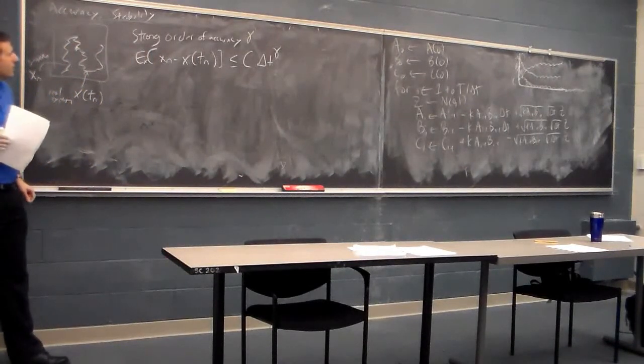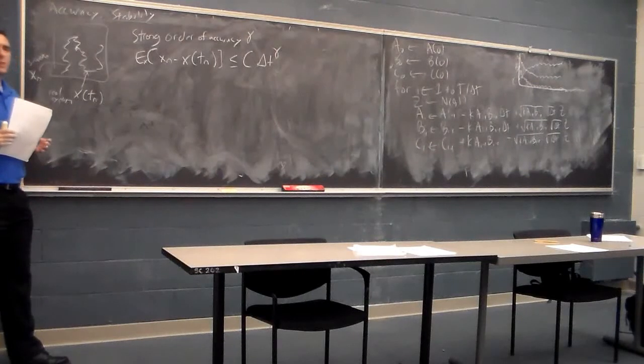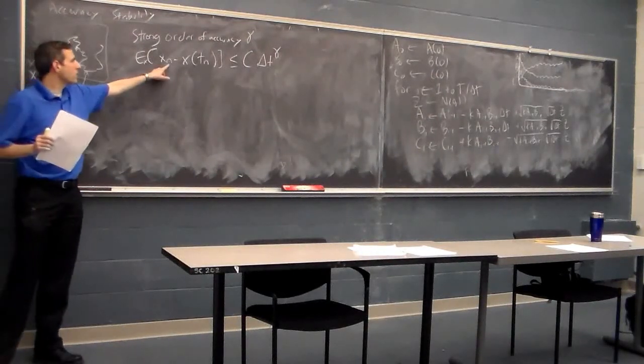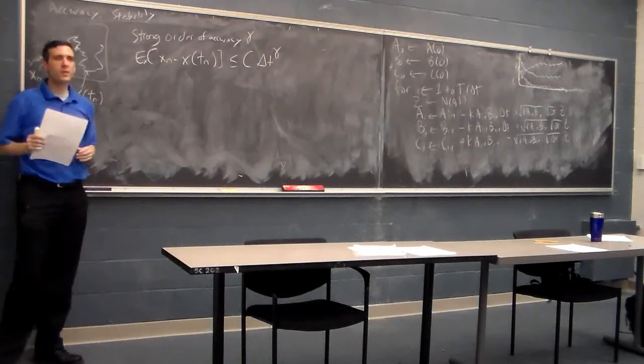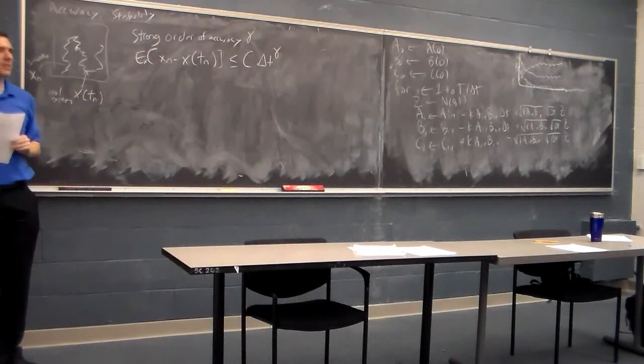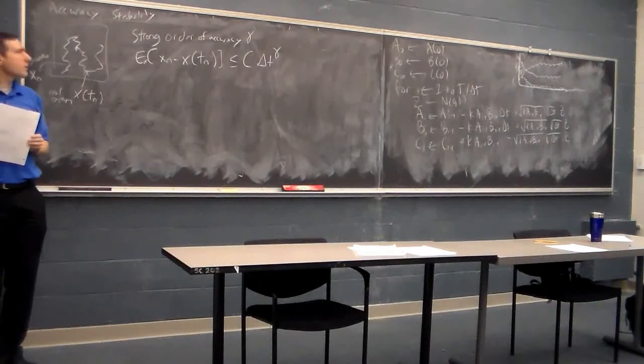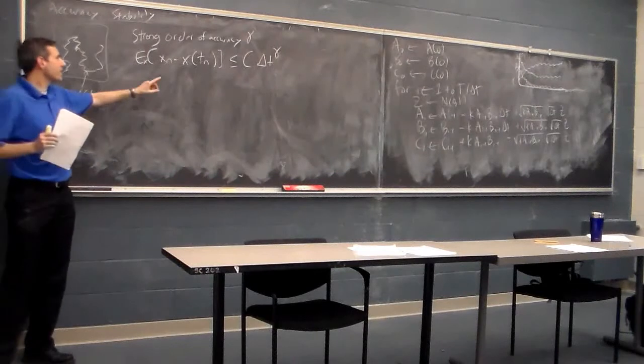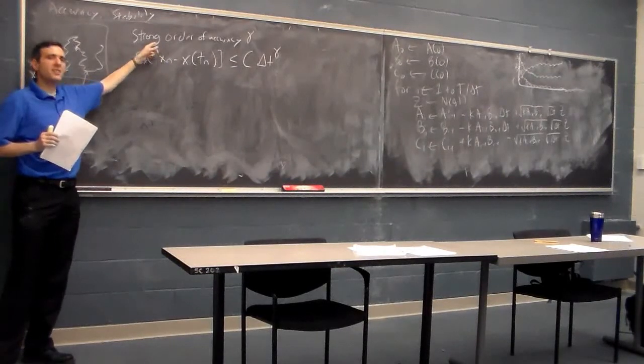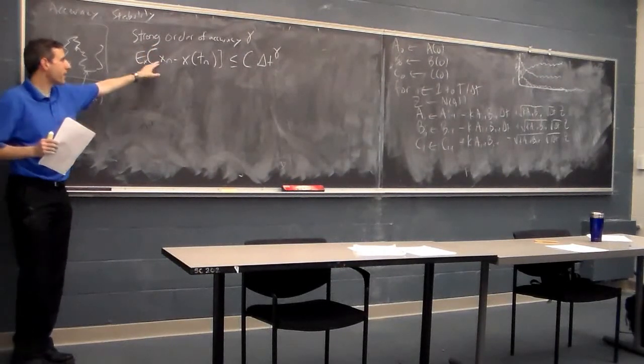Right, so let's say we were looking at a purely deterministic system. So suppose we were simulating a purely deterministic system and we used the leapfrog method. What value would this give us? What would be the strong order of accuracy of leapfrog, let's say? Well, if it's a purely deterministic system, the strong order of accuracy is exactly the same thing as we usually mean by accuracy.